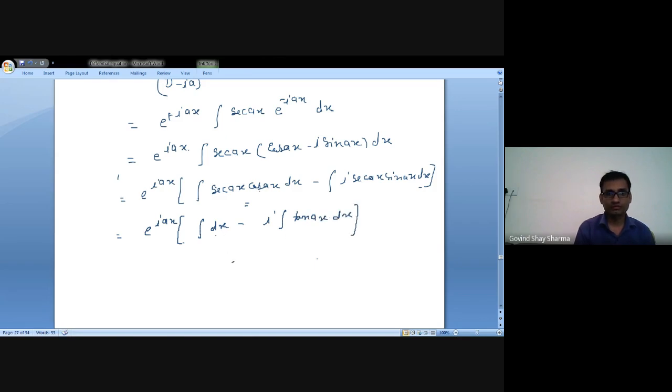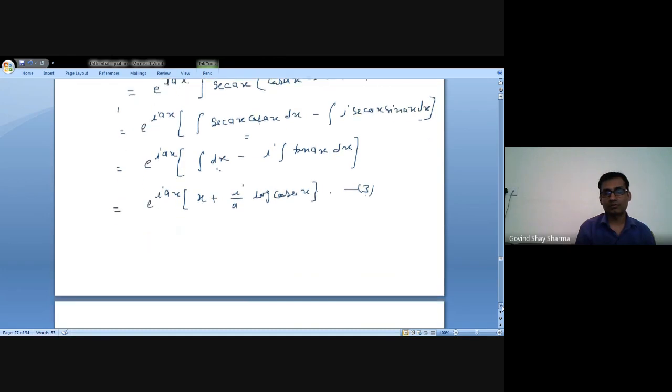Now e to the power iota ax is equal to x minus iota upon a, it becomes cos log of equation.